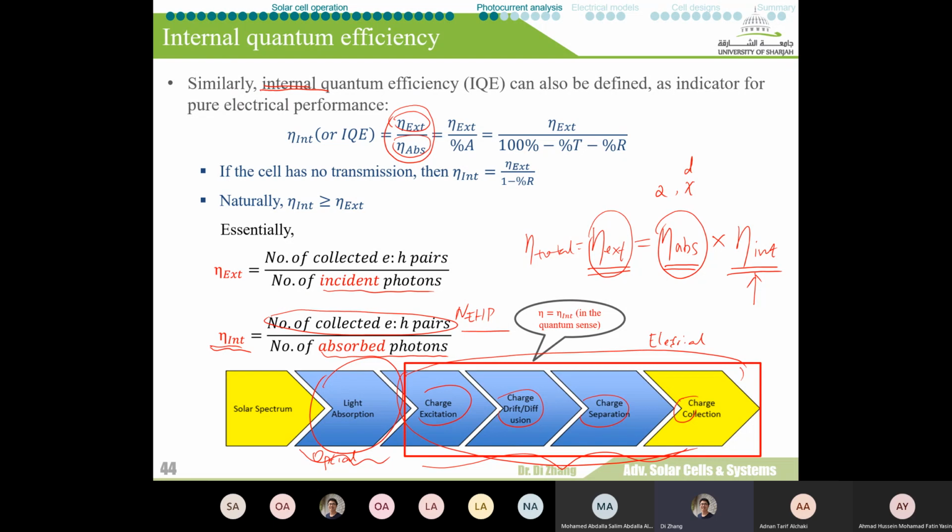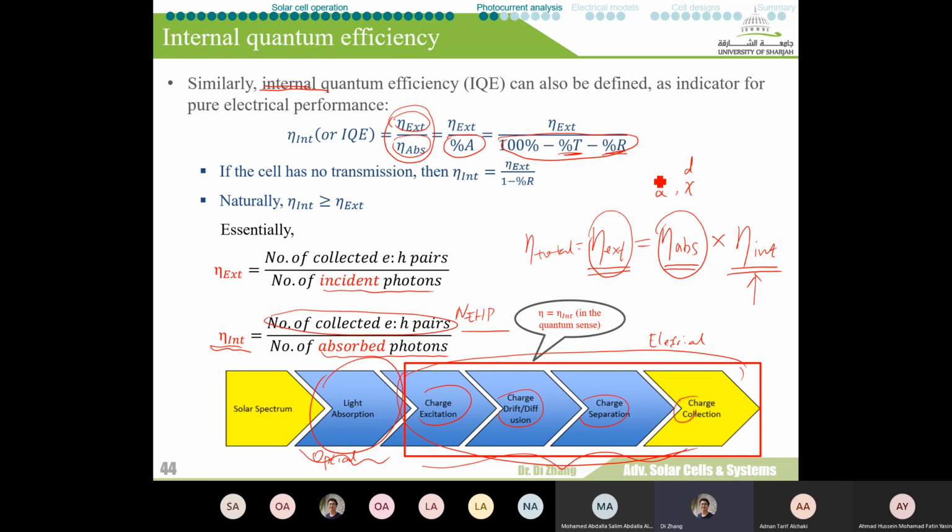Okay, and we said before that the absorption efficiency is precisely our percentage absorption. And for percentage absorption, it will equal exactly 100% minus transmission minus reflection. So if you already know the transmission or the reflection, you can calculate from there.